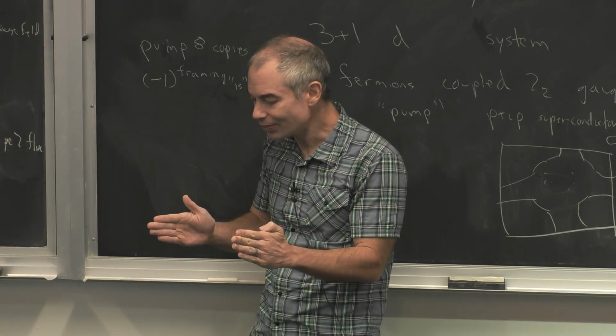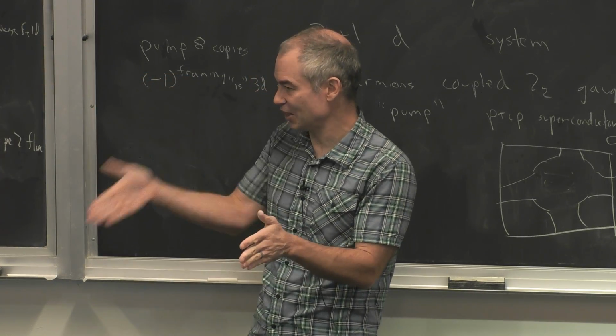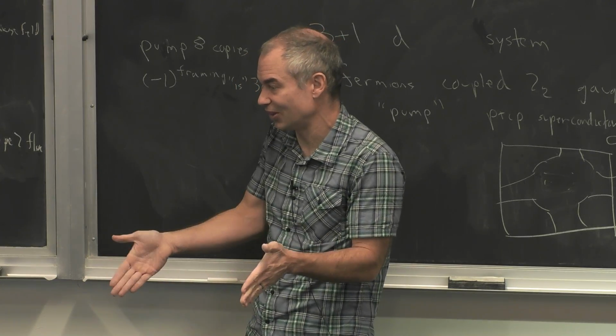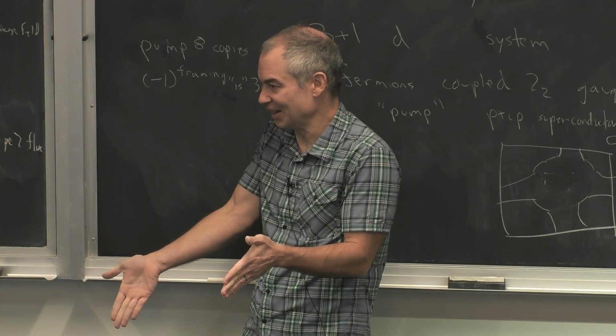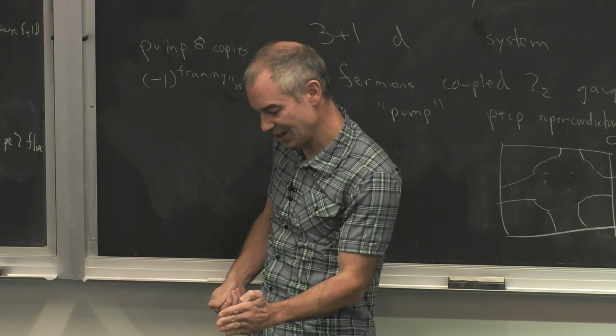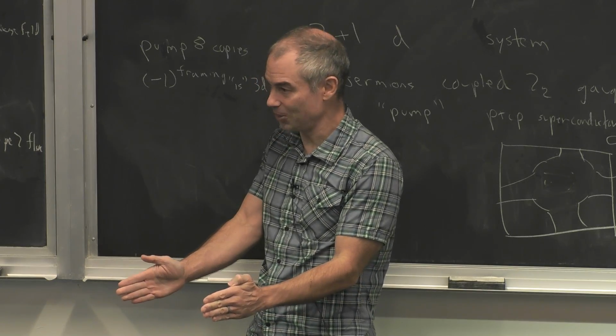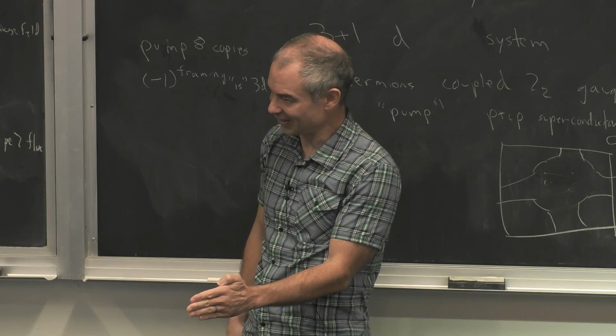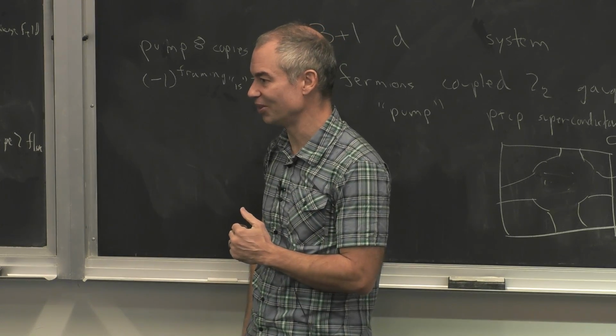And then if you act with the QCA on that other copy, since the gauge field is constrained to be in its ground state, that QCA doesn't do anything. But you can say the QCA on this copy times the QCA on that copy is trivial, because two copies is trivial, but the one on that copy does nothing. So in fact, this thing trivializes in the presence of fundamental fermions.